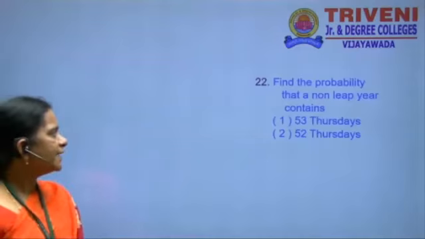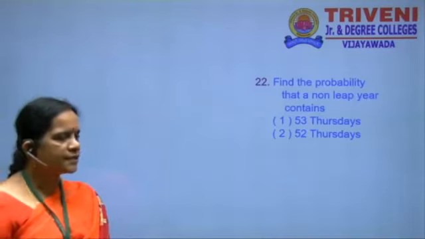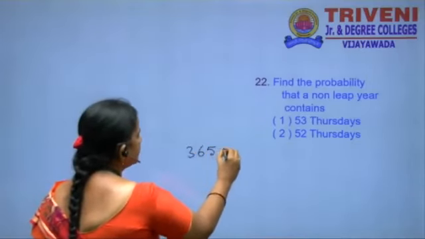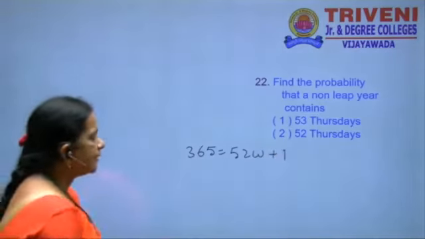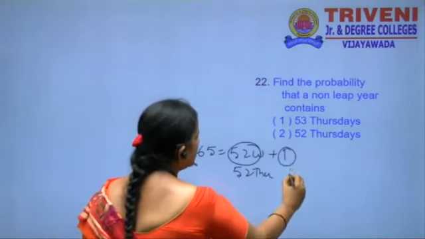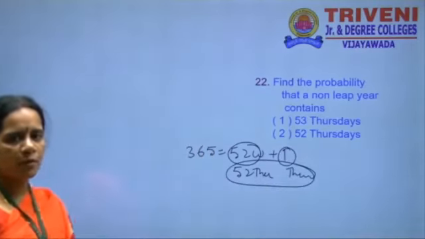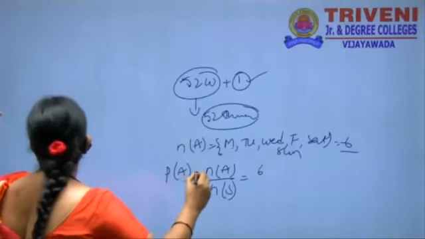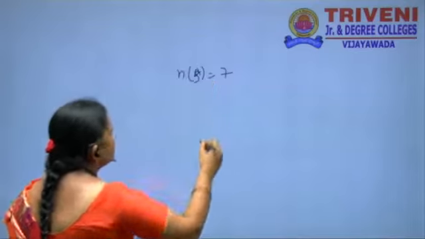The next problem is: find the probability that a non-leap year has 53 Thursdays and 52 Thursdays. A non-leap year has 365 days. That is 52 weeks plus the remaining 1 day. In these 52 weeks, we have 52 Thursdays. And if this extra day is also a Thursday, then you get 53 Thursdays. A week has how many days? A week has 7 days. That is n of S is equal to 7.